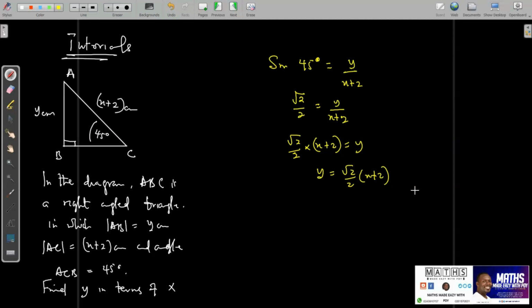So my dear student, you remember I told you that you should understand the position of each of the angles and everything. If you don't have that understanding, trust me, it will never come into your mind to know what to do. If I had not talked about sine of special angles, you wouldn't have known that sine 45 is root 2 on 2 automatically.